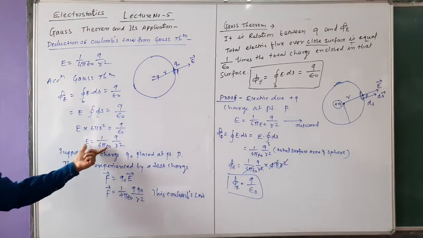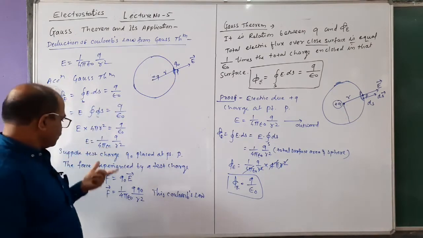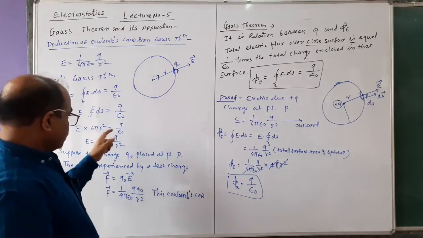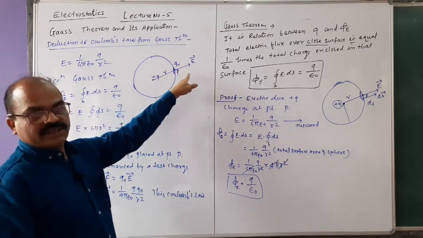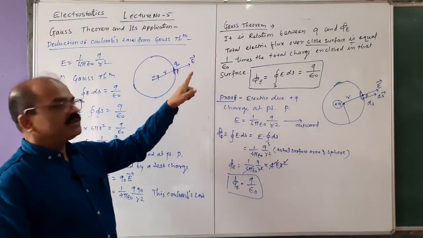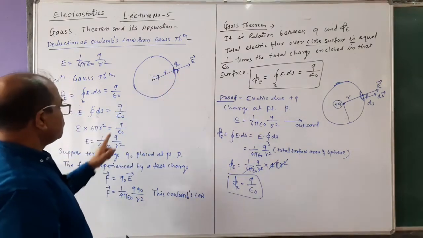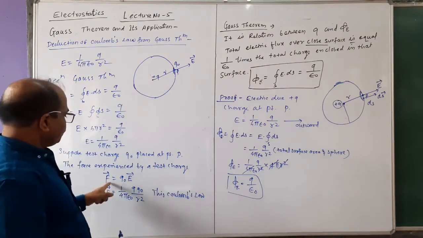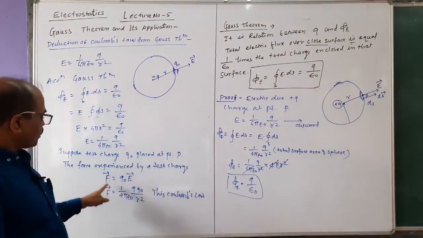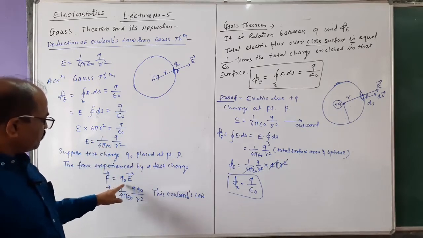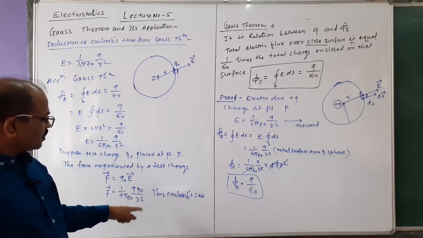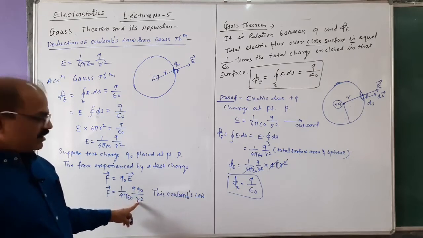Using this, first we find the electric field, then a positive test charge is placed at a point P. The force experienced by the positive test charge due to this electric field, F is equal to Q naught into E. Substituting the value of E from this relation, F is equal to 1 by 4 pi epsilon, Q Q naught divided by r square.